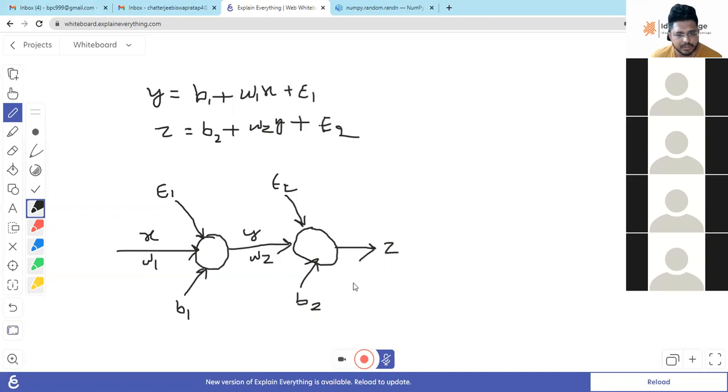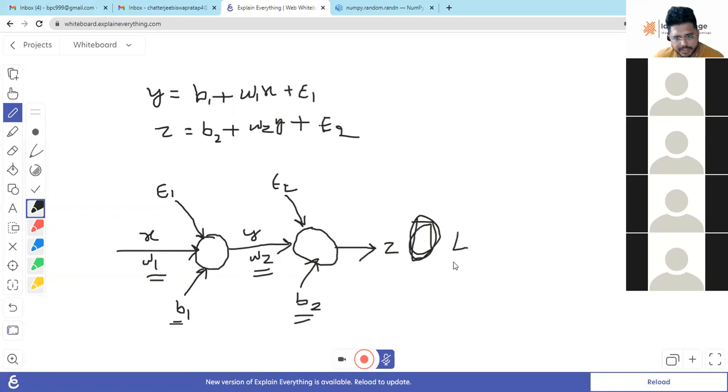So my learnable parameters are W2, B2, W1, B1, right? Here I will calculate the loss. Using this loss value, I will update W2, B2.